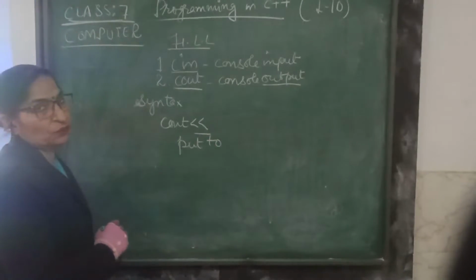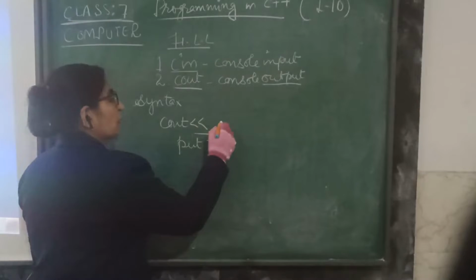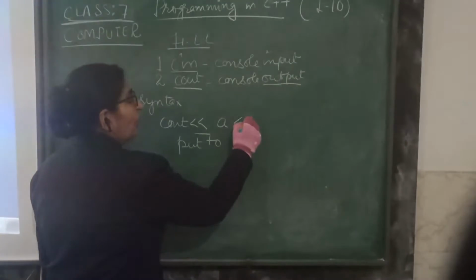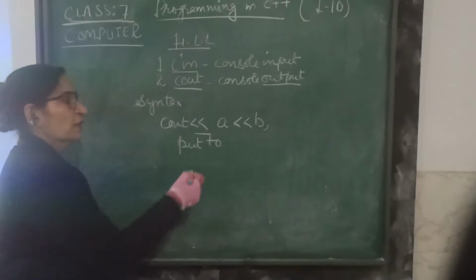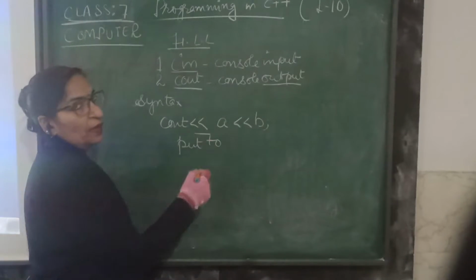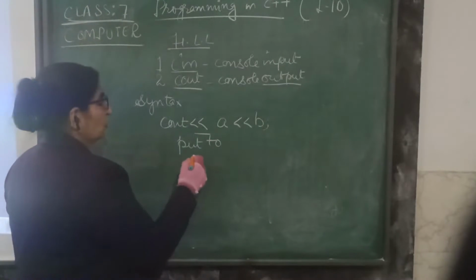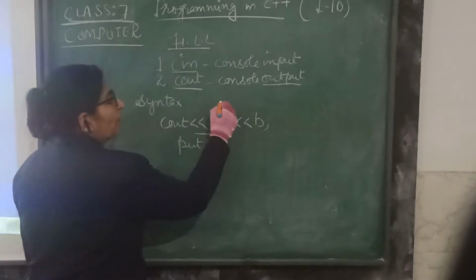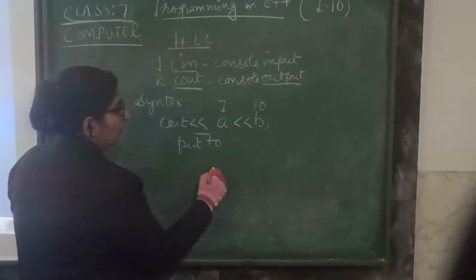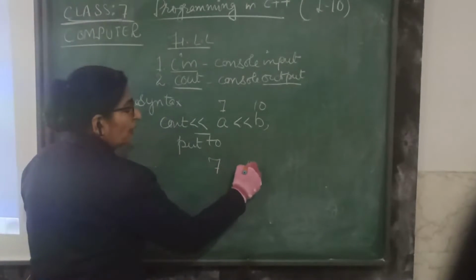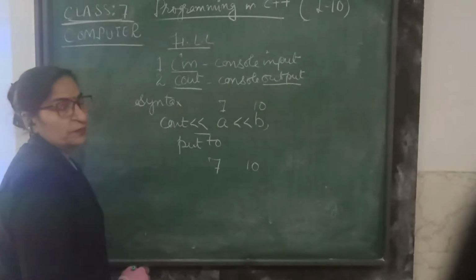This operator is known as put to. The value of a and the value of b, two values are displayed on the screen. So if you have taken the value of a as 7 and b as 10, computer will display 7 and 10 on the screen.